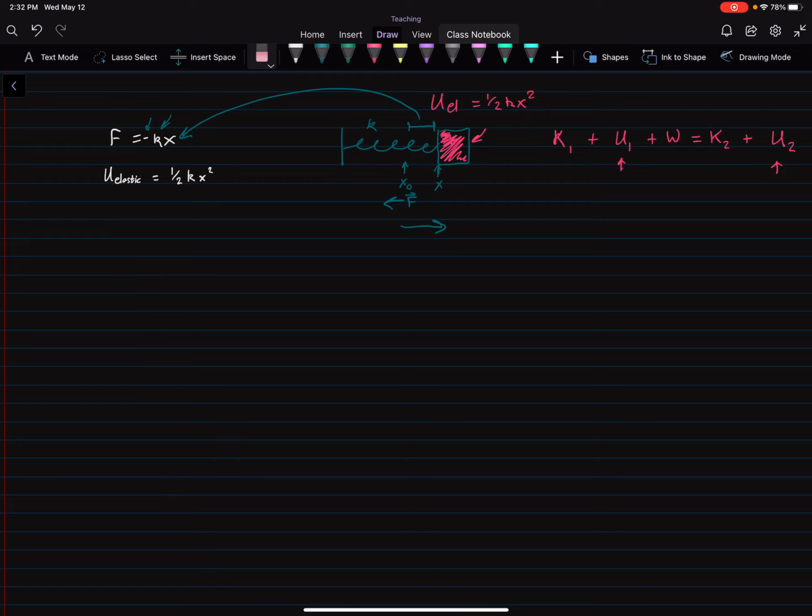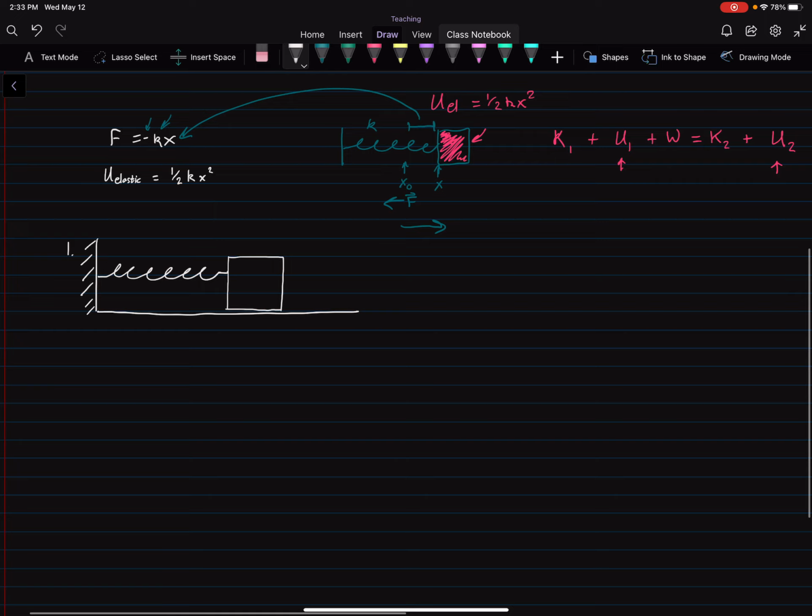First, we have some spring attached to some stationary surface, and this is its natural resting state. You can imagine a block on it if that helps. We'll say there's no friction or air resistance, we're not considering that at all. Nothing has perturbed the system yet, so it's at x naught.